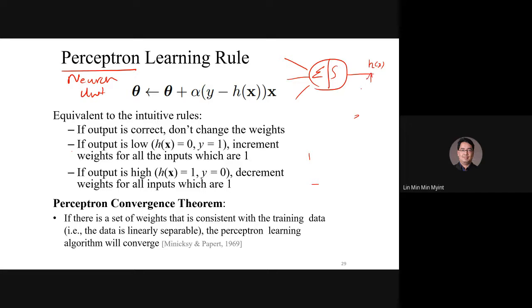This is our predicted value, or the output of the model, and then Y here is our desired output.